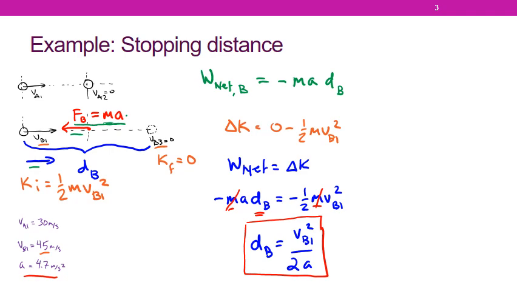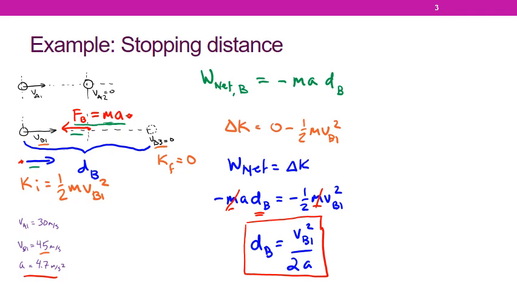Notice we didn't have to really worry that much about coordinate systems. We did a little. We had to think about the direction of our displacement and the direction of our force. But for the most part, we didn't have to worry about directions too much.